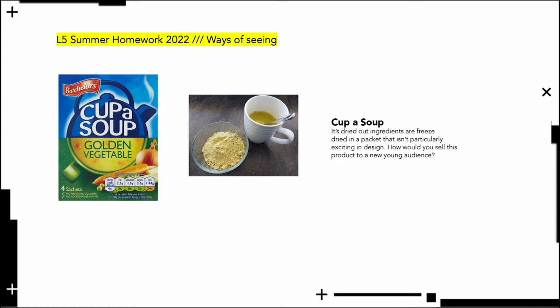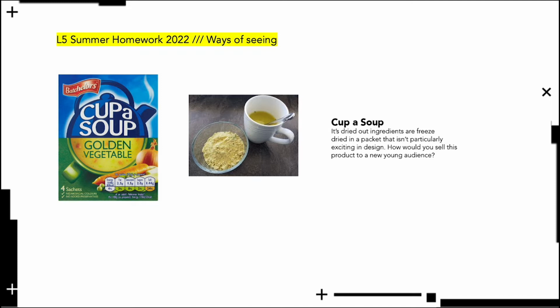Another sort of advert or campaign that resonates with me, but in a much more pleasurable way, was from around 2001, and it was an account that was taken over by the ad agency Mother to sell, if you like, to market what is really powder, dried vegetables that you add water to make a drink or some kind of food.